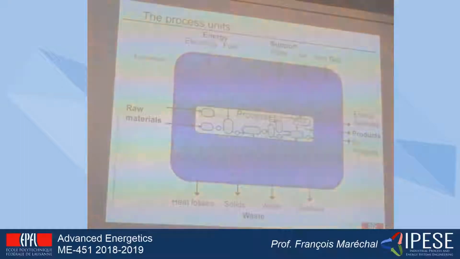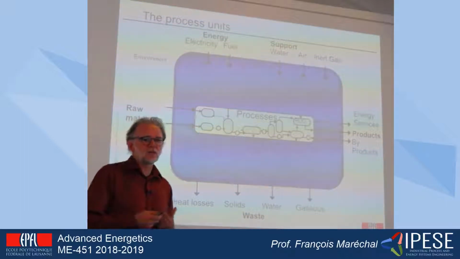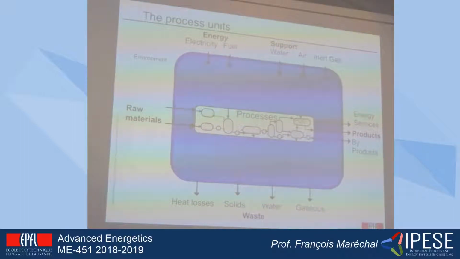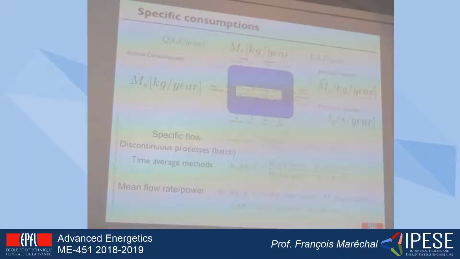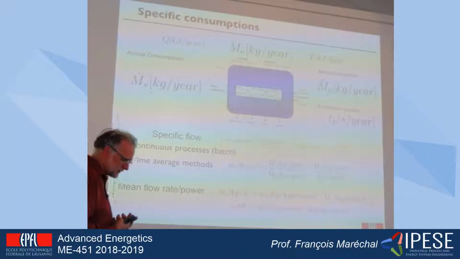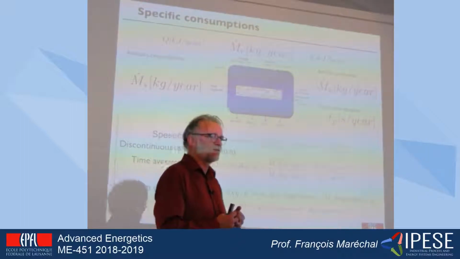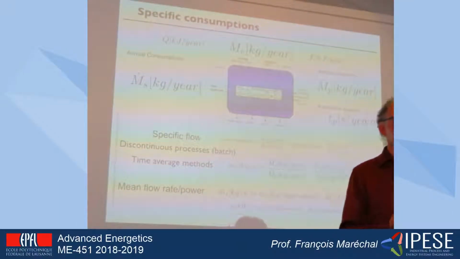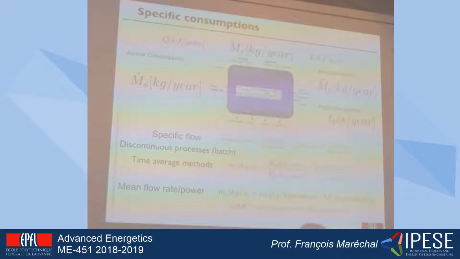So now we are going to concentrate on the process units. So what is happening inside the system? And we are going to quantify the amount of energy that is needed for each of those units. To measure the consumption, we will first have to differentiate the different forms of energy usage, and then to try to identify the measure of the energy usage, which will most of the time be related to the amount of energy per unit of product delivered at the gate of the plant.